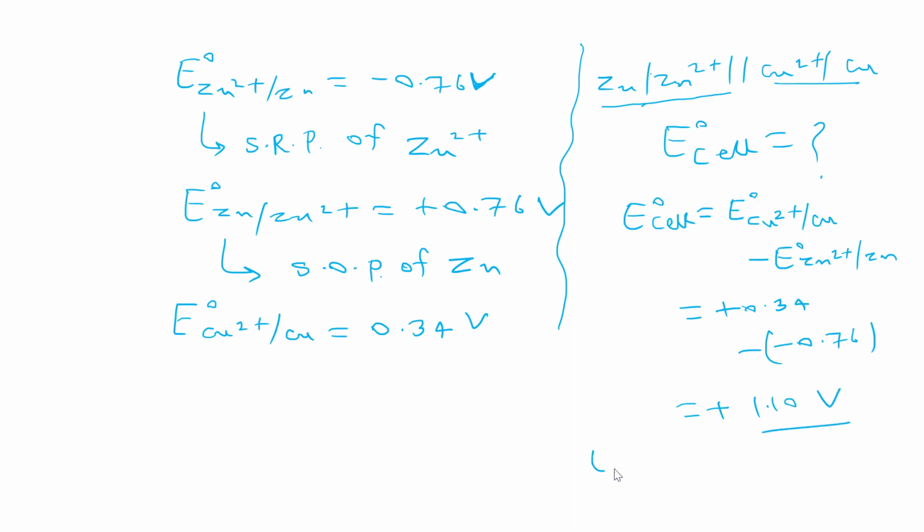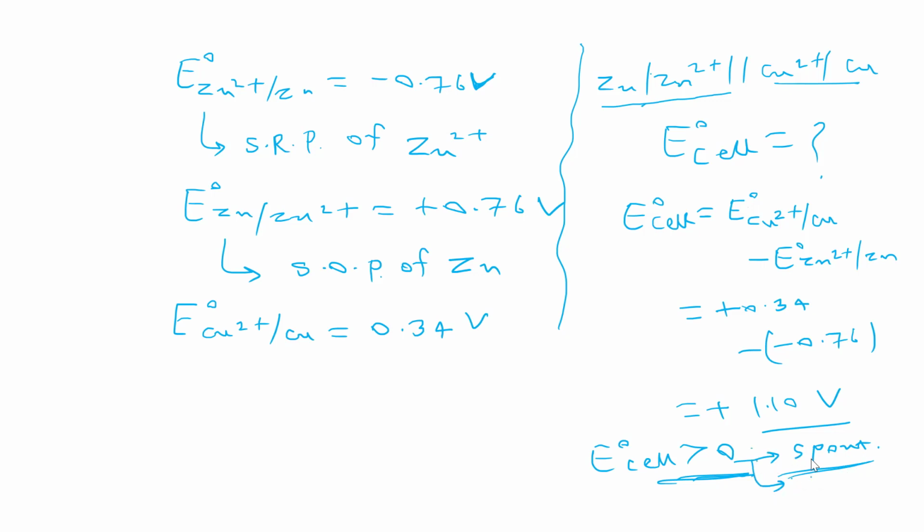Now here E naught cell is greater than 0, a positive value. What is the significance of this? Can you say? It is spontaneous. The cell reaction is spontaneous. The cell can do work, the cell can give energy.